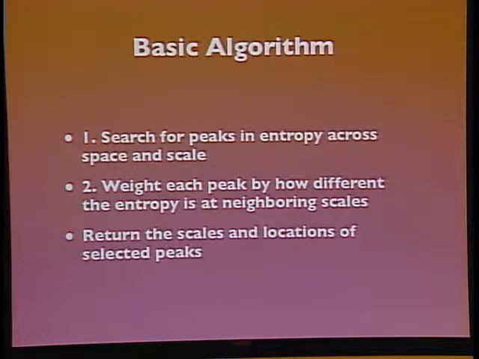So we're going to evaluate the entropy of those feature histograms across scale and across space. And then we're going to do this trick that's in the second step of trying to figure out how localized that peak is across scale and space. And then provide the user with the scales and the locations of those peaks, and those are going to be our salient or interesting regions.